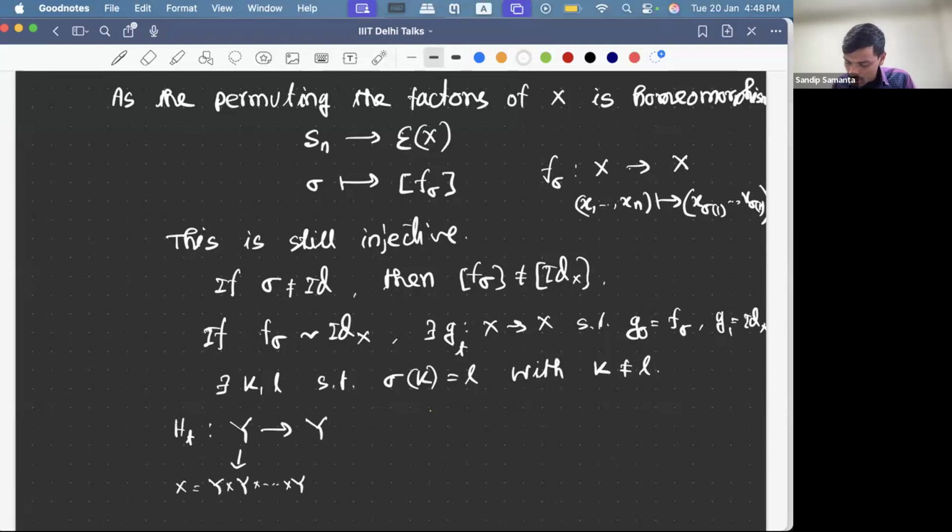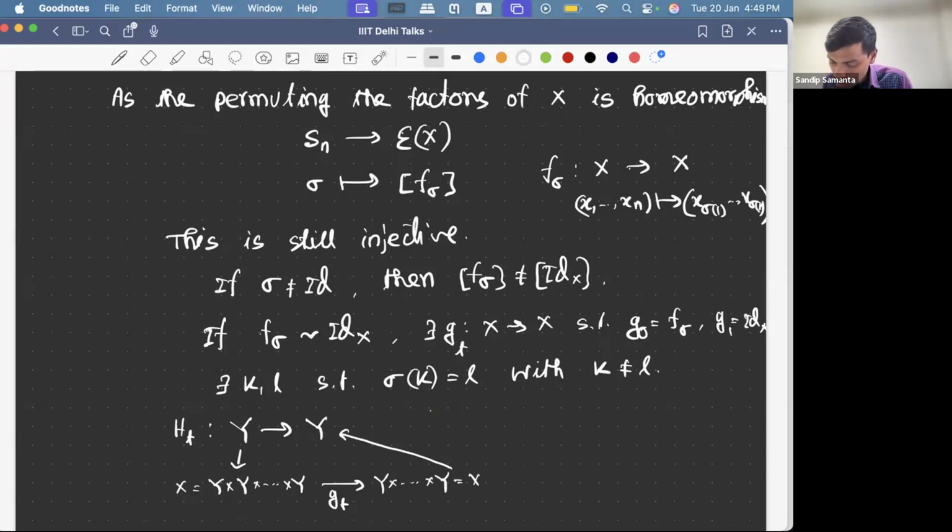So this is my X. Here you apply your g_t, and then again you go to Y cross Y cross Y, and from here you go to Y. So this map is known. Now I want that at the 0th level, this is f sigma.